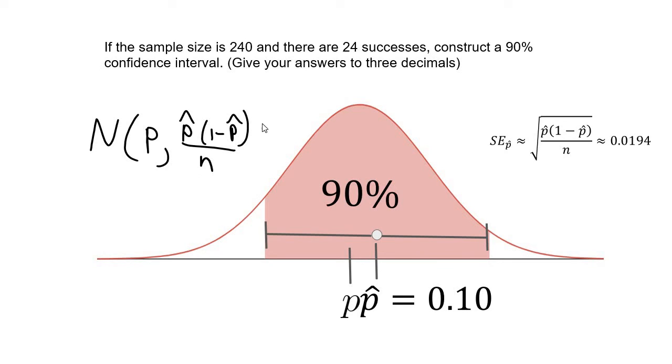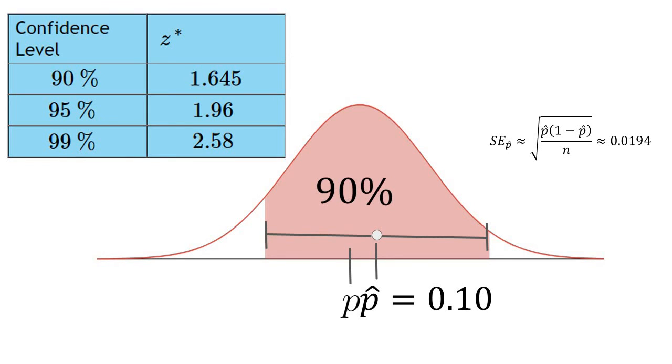For a normally distributed population, most of the values lie within 3 standard deviations of the mean, and 2 standard deviations is roughly 95%. We're looking for a 90% confidence interval, so we want to extend far enough up and down that we capture 90% of all the sample proportions.